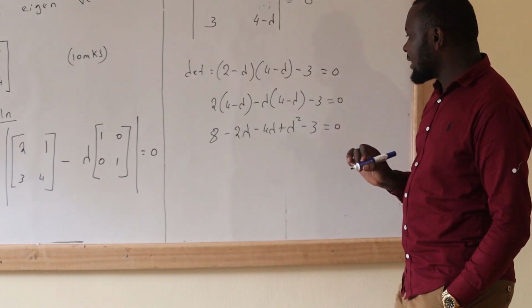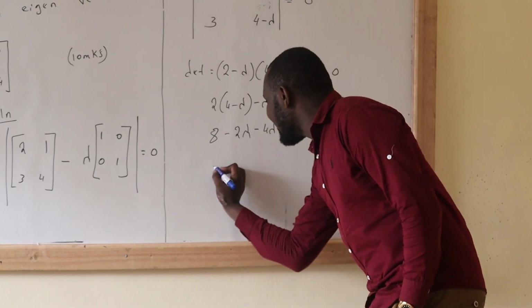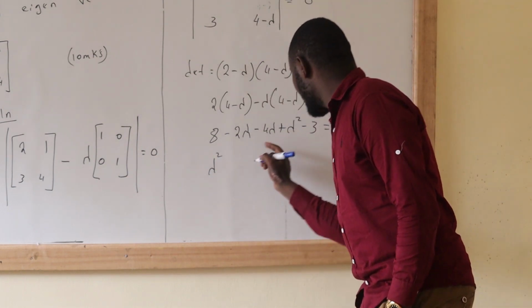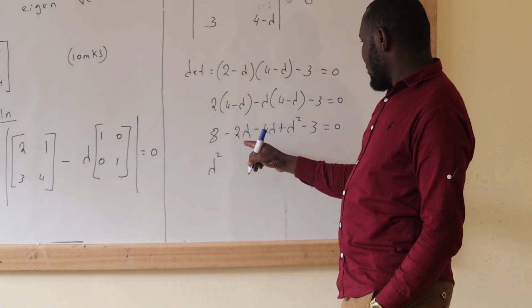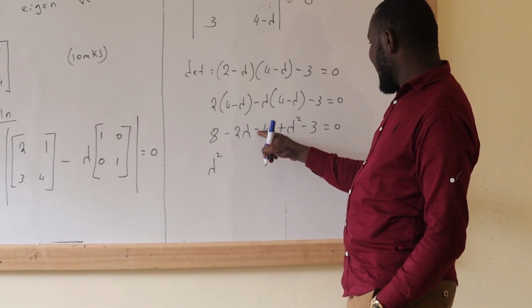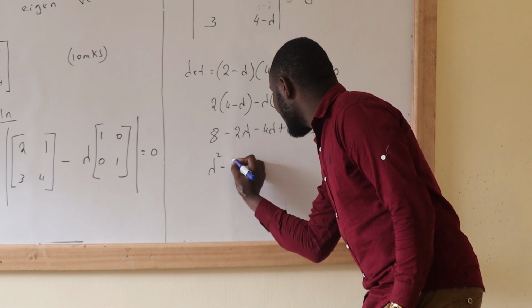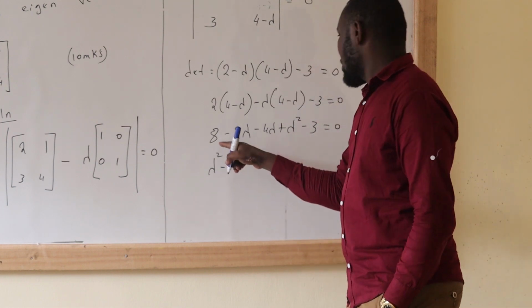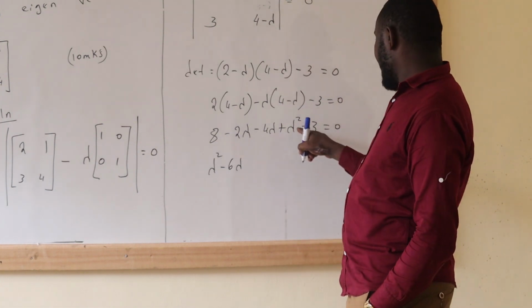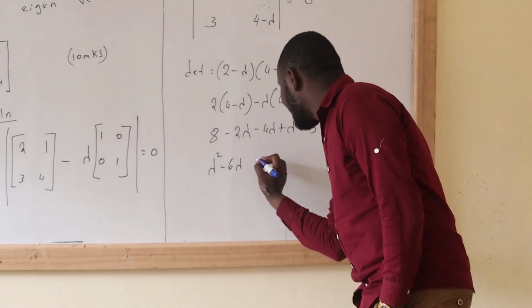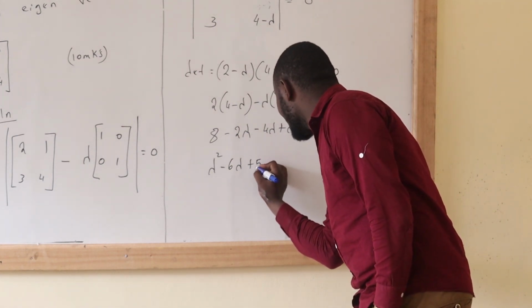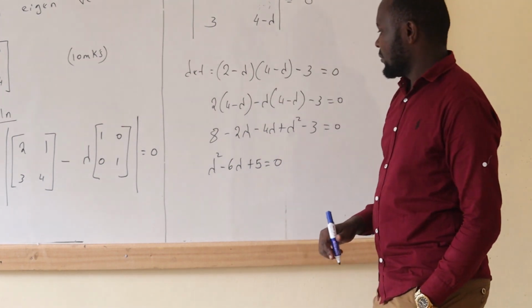So let's collect the like terms. We have lambda squared. We have negative 2 minus 4, so that is negative 6 lambda. We have 8 minus 3, that is plus 5, is equal to 0.